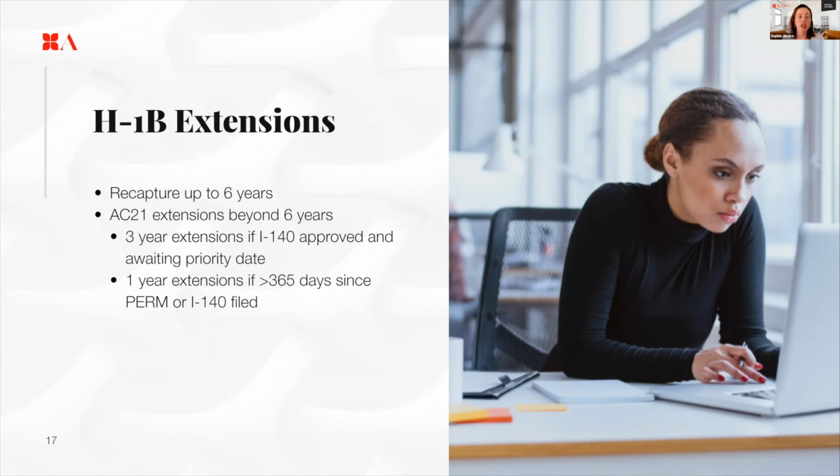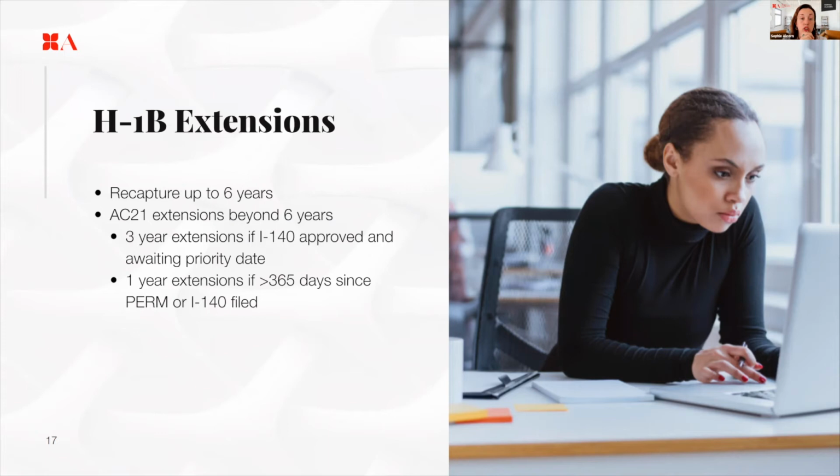And essentially, there's 2 ways to get extensions beyond the 6 years. So employers, this is where you have to be careful about sponsoring somebody for a green card soon enough once they go into an H-1B. Basically, the green card process through employment has 3 phases. Step 1 is PERM, step 2 is an I-140, and step 3 is typically an adjustment of status, although you could also do it through consular processing.